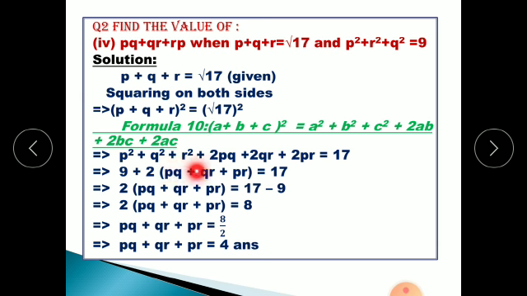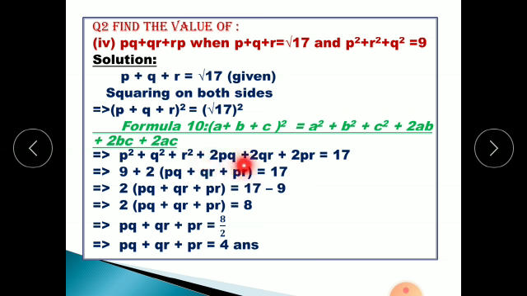So transform formula number 10 like this, equal to 17, under root 17, the square of under root 17 is 17. Now put the value of p square plus q square plus r square, 9, as it is already given in the question. Here just see, p square plus r square plus q square is equal to 9. So write the value of this here, 9.